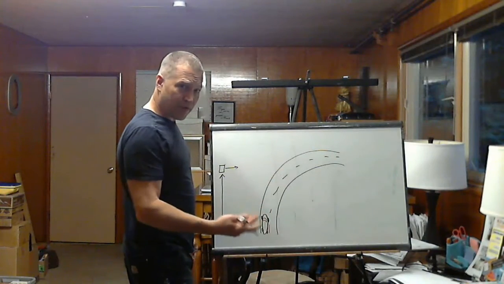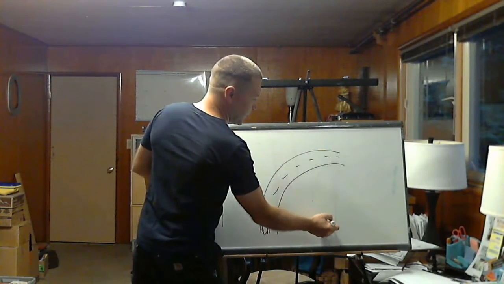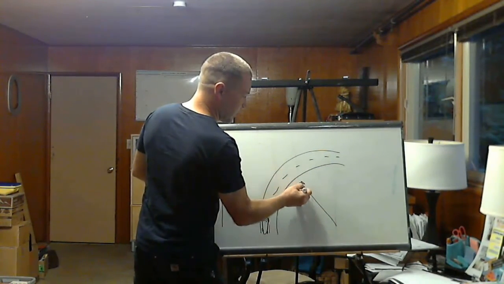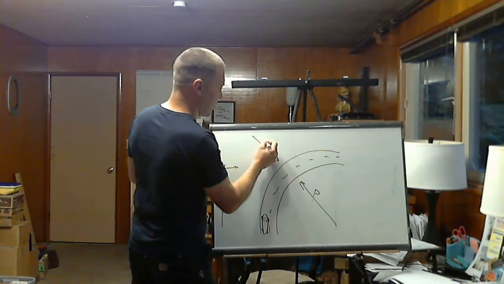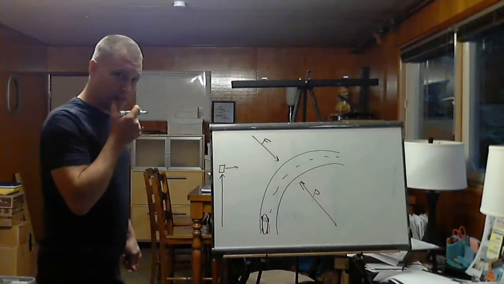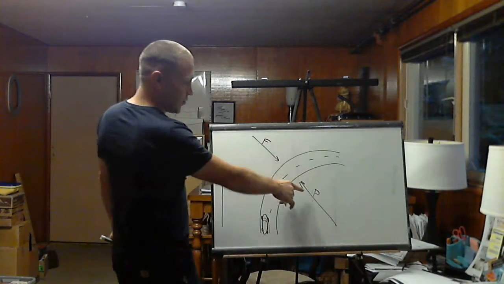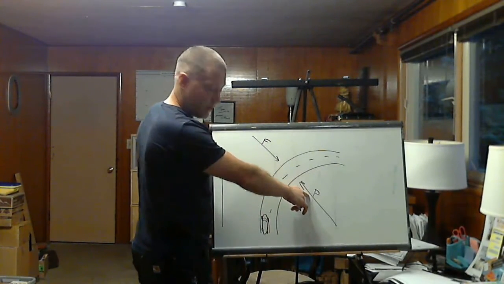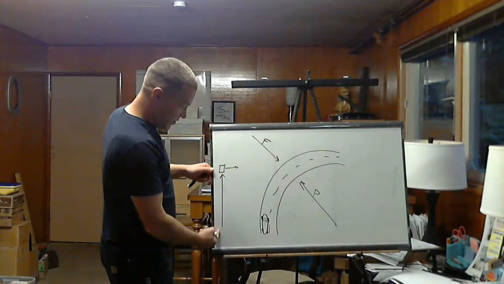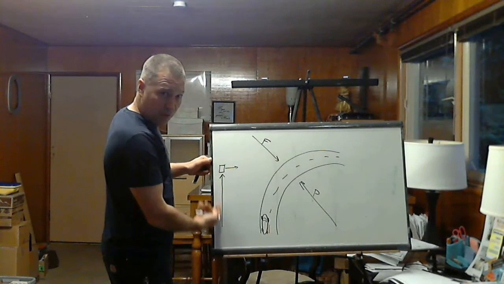Now, when you're traveling around a circle, we tend to interpret the forces as the centripetal force and the centrifugal force. So here's P and F to represent those. Now, the centripetal force here is caused by the fact that you have this inertia in this forward direction, right?